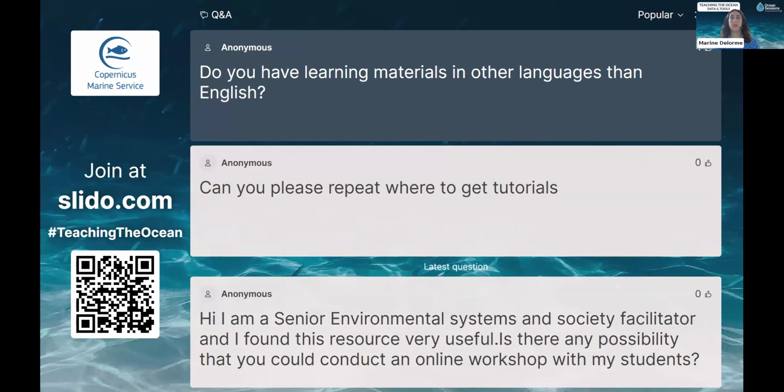But if you ask the user support through the AI agent, Blue, which is on the bottom right corner of each page of the website, we might be able to provide you with some materials in other languages that are not available on the website. It's something that we are trying to work on, actually, to extend the number of languages that we work on. But they are mainly in English at the moment.